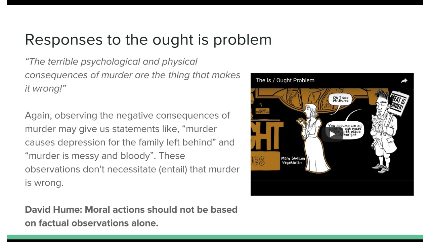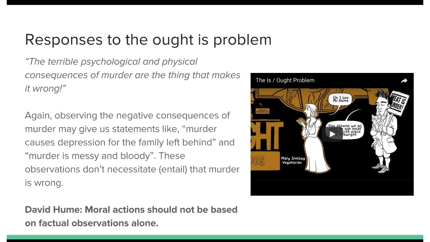So a way to respond to the is-ought problem, which I suggest you watch the video about maybe before going any further. One way that you could respond, as is highlighted in italics at the top, is that the terrible psychological and physical consequences of murder are the thing that makes it wrong in the first place.